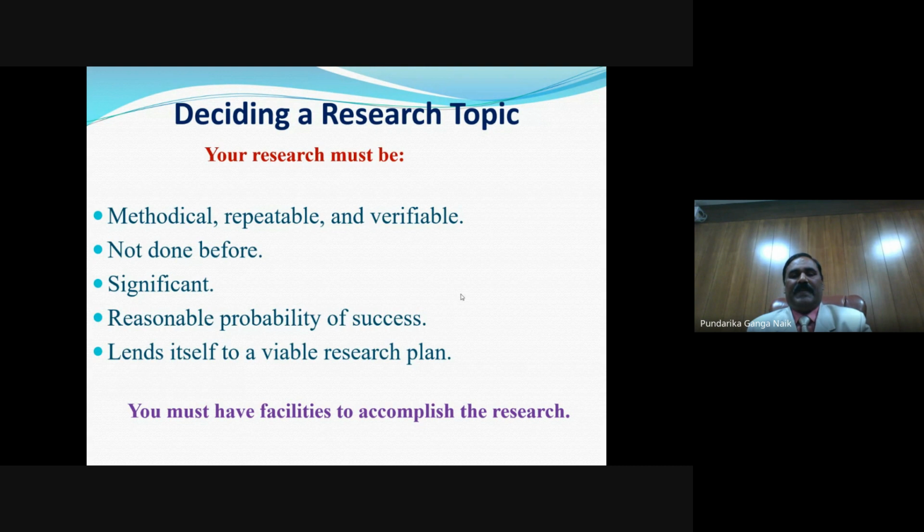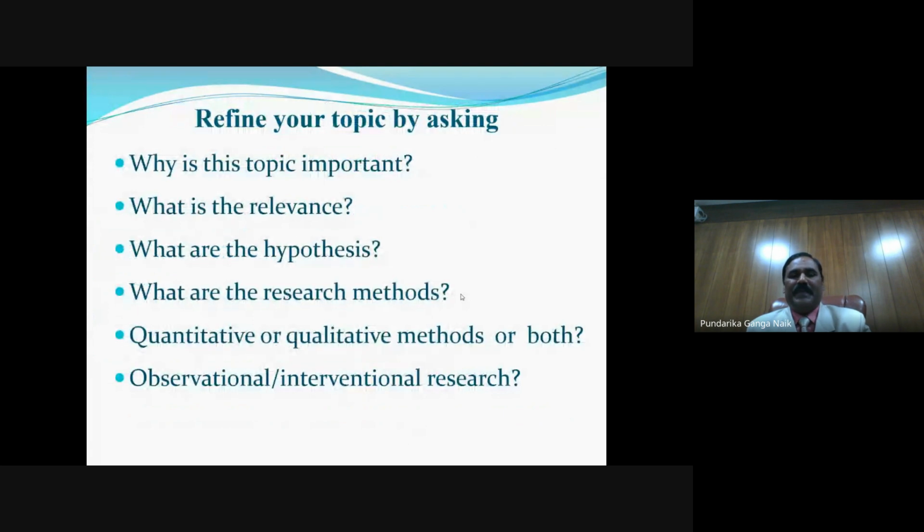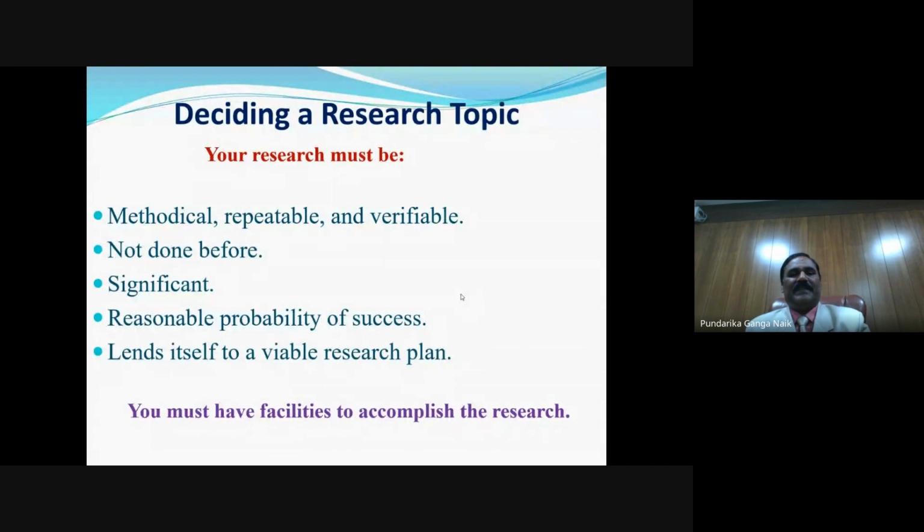So in order to undertake research, you must have some facilities like building space supported by the institution, with electricity and water, minimum facilities which are very much required. Then next slide, please.